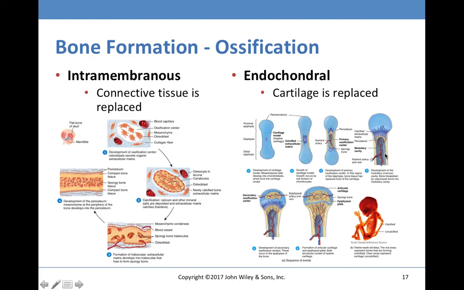So we begin to create this marrow cavity by breaking down some of the bone here with the osteoclasts. And then finally we'll create a secondary ossification center, and this secondary ossification center will occur in the epiphysis. So you'll have one in the distal and one in the proximal epiphyses.